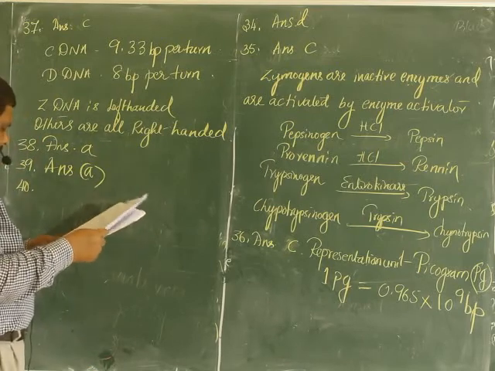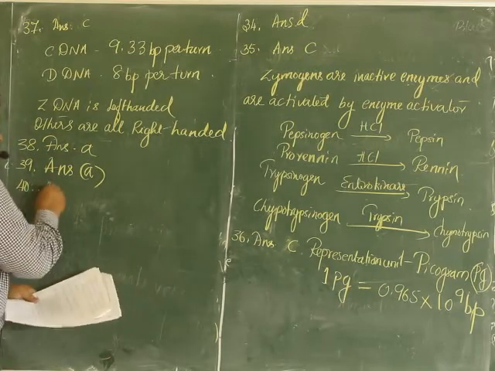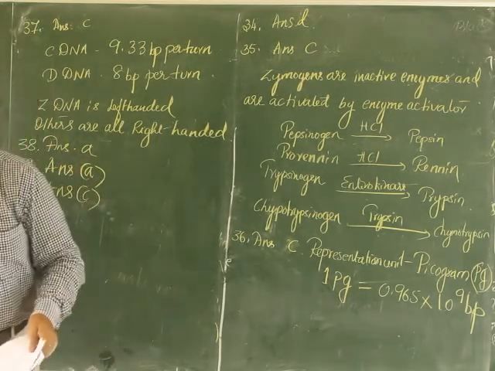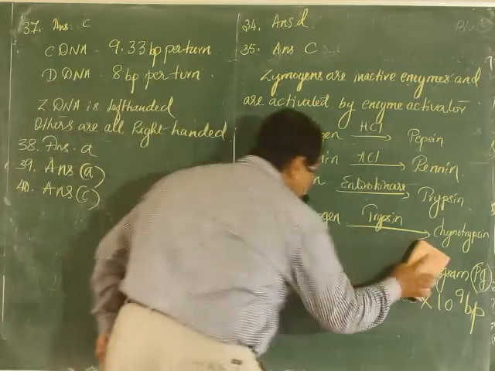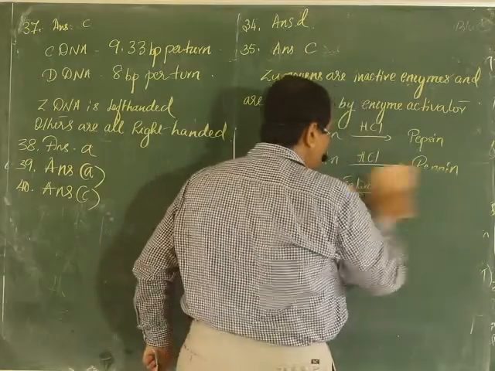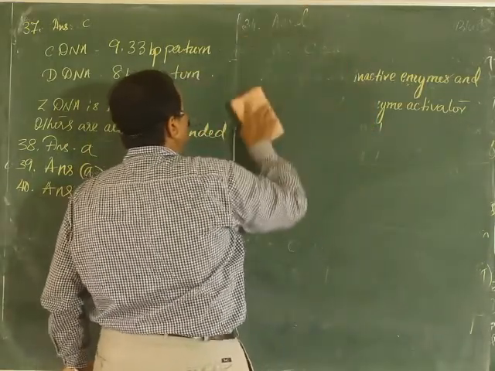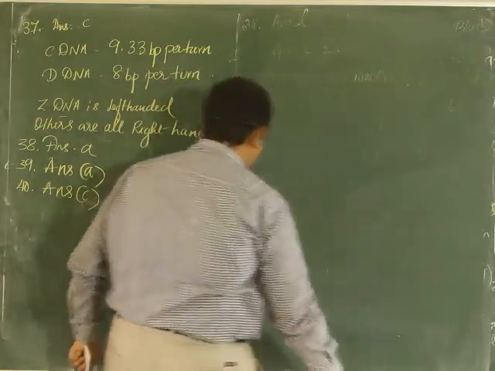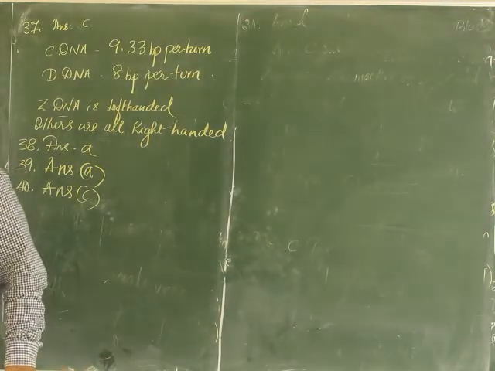I'll give the answer, that is option C. Here you should remember many things, because this is important. They may set different questions, because you know structural organization, 6 questions they may ask in your exam.